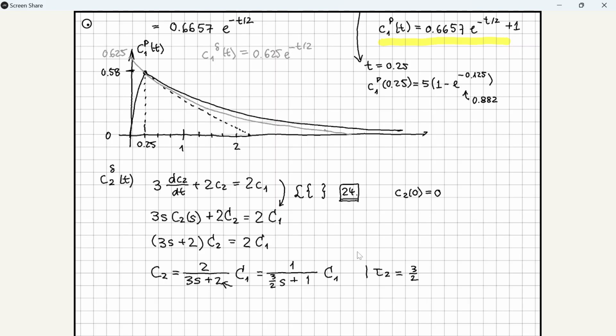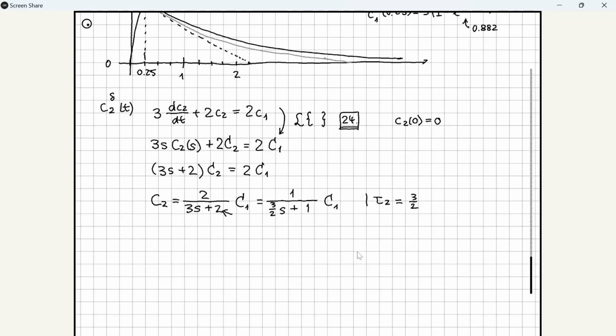Okay. So now I can stick in the values for C1. C1 I've calculated, C1 of s. I can simply substitute that because our C1 delta of s was 1.25 divided by 2s plus 1, if you remember.